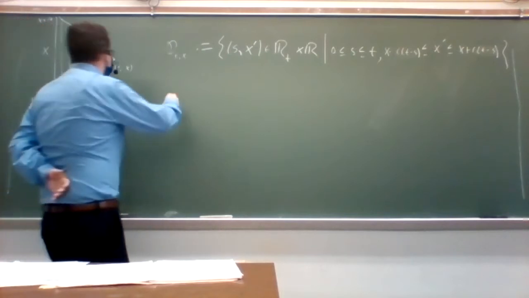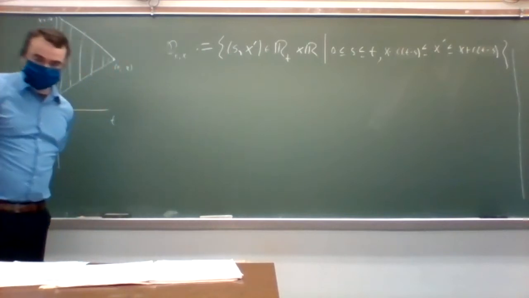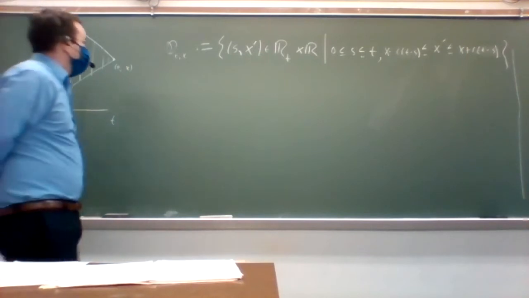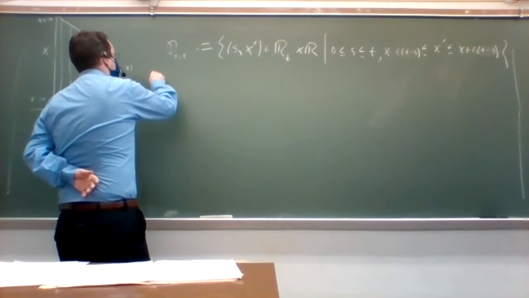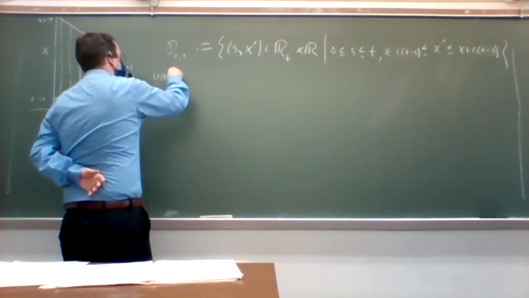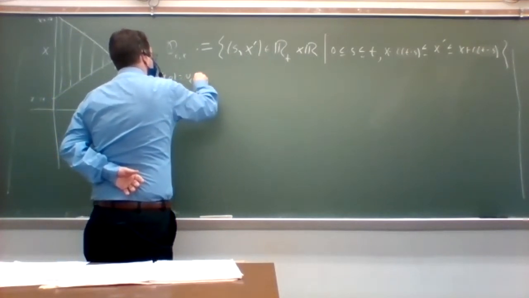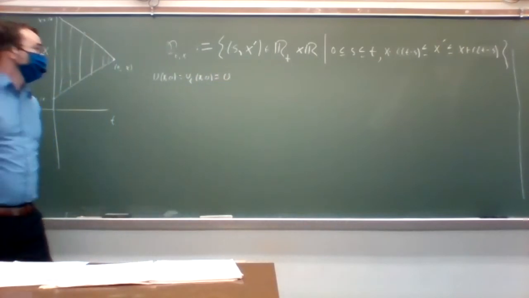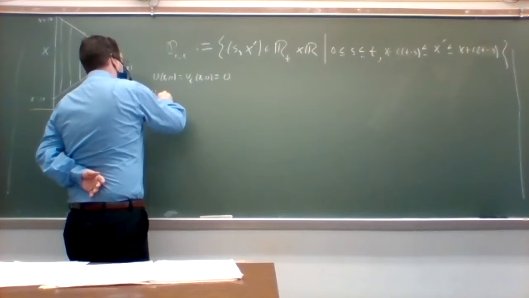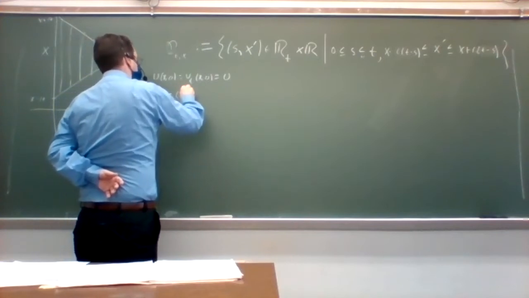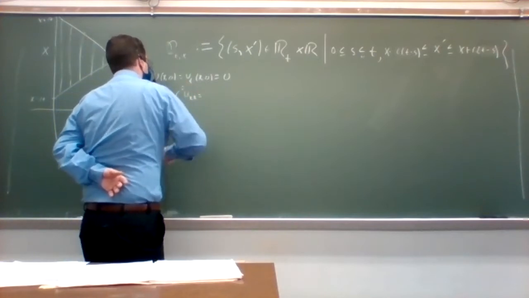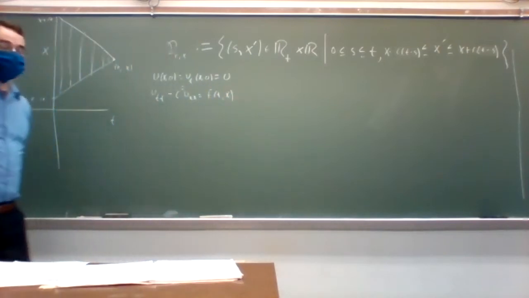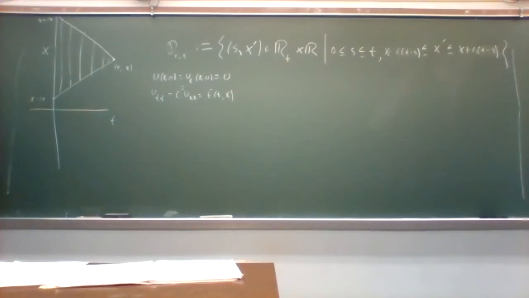I want to look at a solution to the following problem. I want to first consider the wave equation with initial conditions equal to 0: u_tt minus c squared u_xx equals some forcing function given by f(t,x).